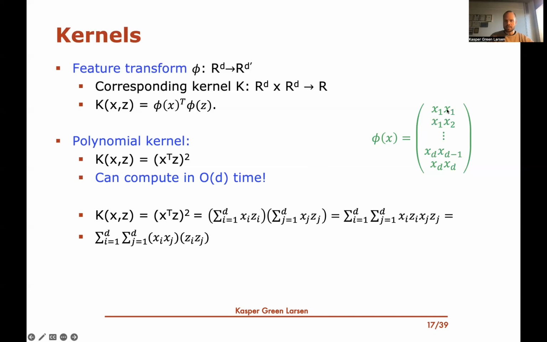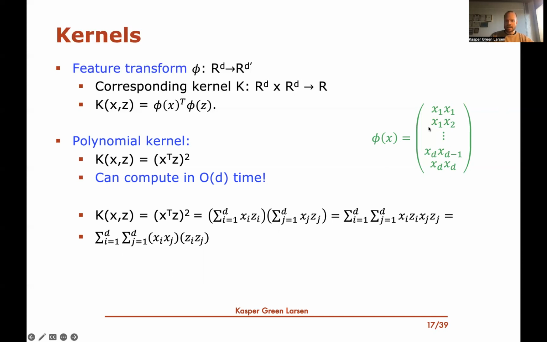In the first coordinates, let it be x1 x1, then x1 x2, x1 x3, all the way up to x1 xd. And then I do x2 x1, x2 x2, and then finally xd xd, all the way down here. Because if you think about it, if I take this feature transform and apply it to x, and apply it to z, then look at the inner product, I get x1 x1 times z1 z1. That corresponds to i and j being 1.